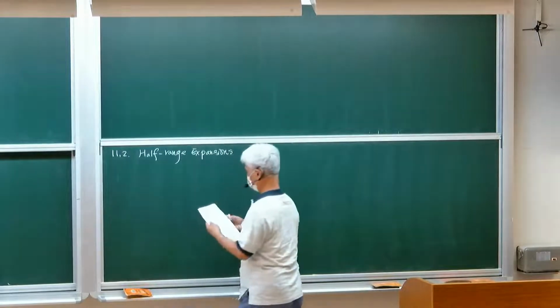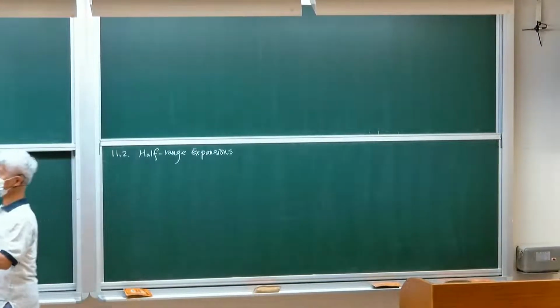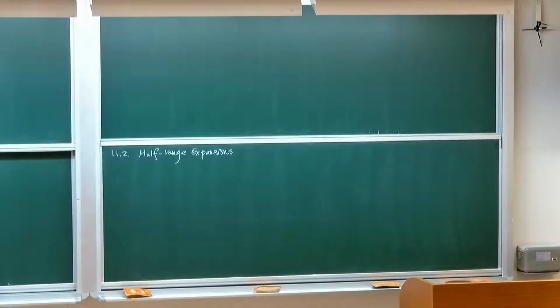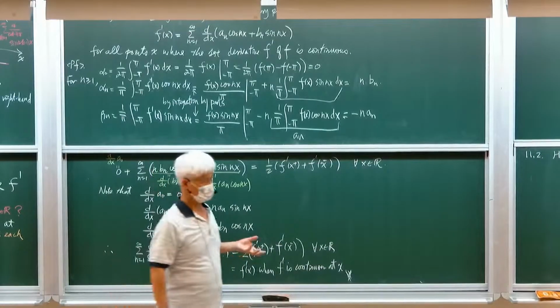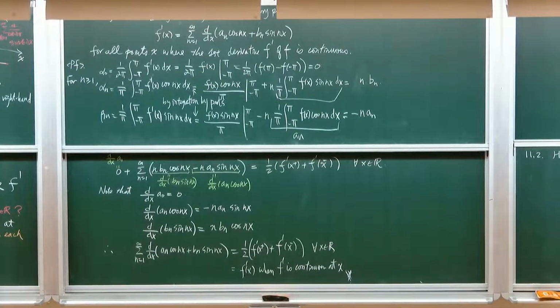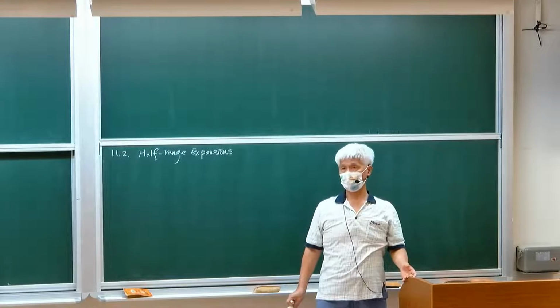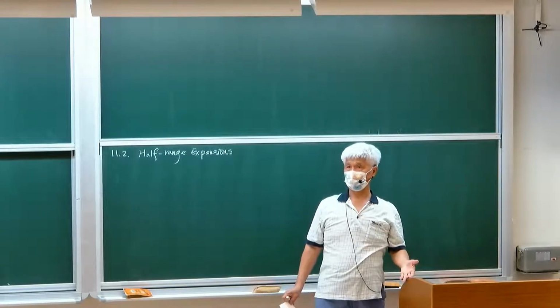Okay, there are two ways of. Okay, now in the first section we consider periodic function with period 2 pi. But we can consider periodic function with arbitrary period, right?